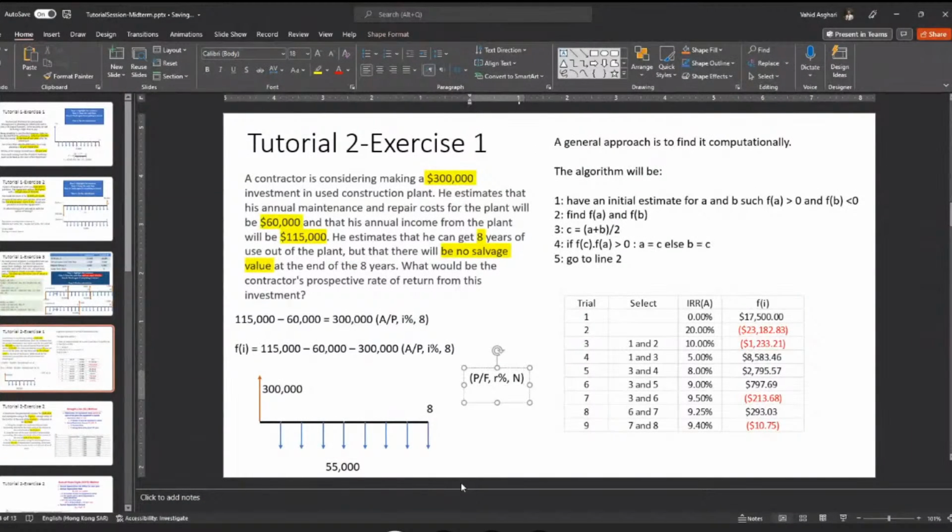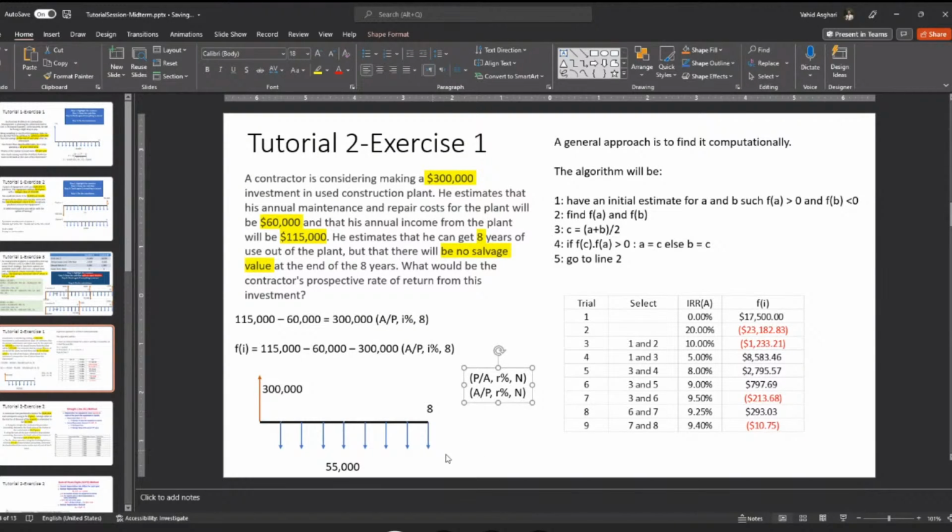Or we can use P based on annual payments, R%, and N periods, or you can use A based on P and R%, or N. In here, we don't have any future payments or future investments, so we just forget about it.